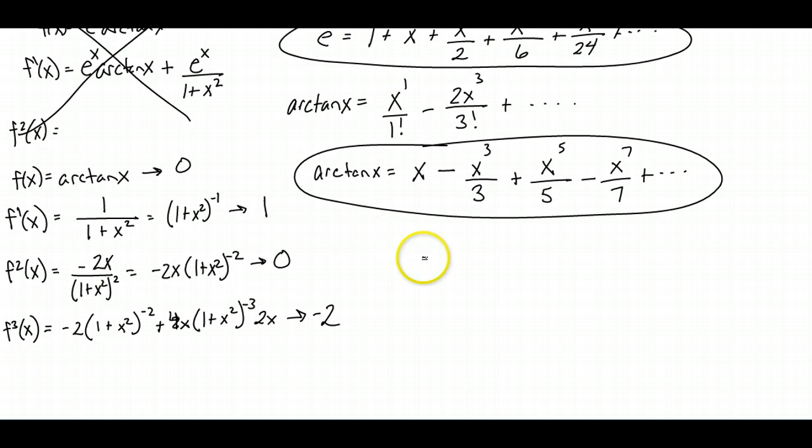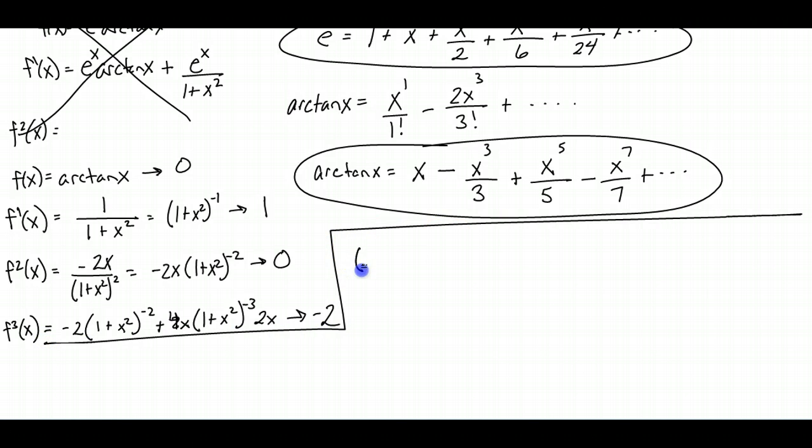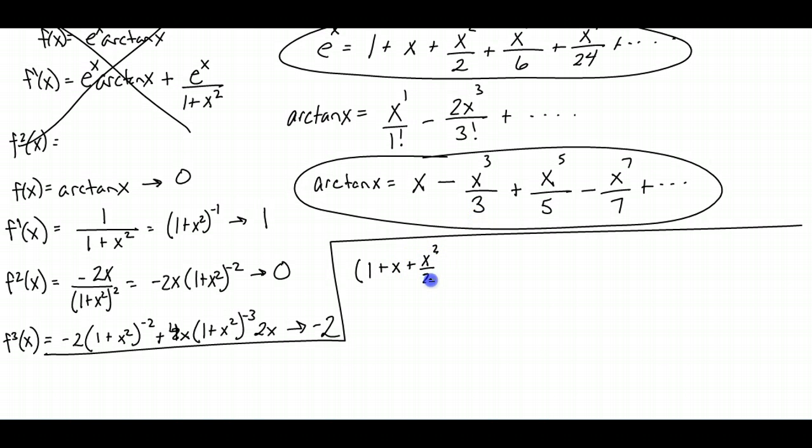So if I multiply these two things together, I'm kind of running out of room here. So I have 1 plus x squared over 2 plus x cubed over 6 plus x to the 4th over 24.